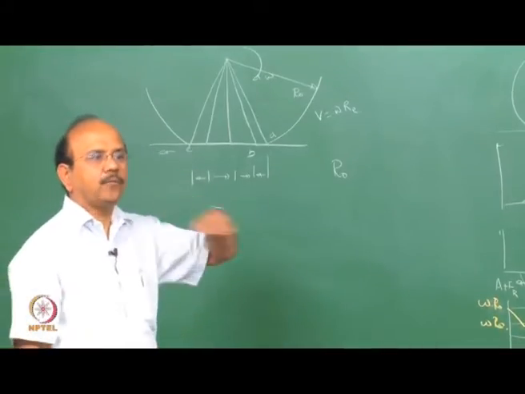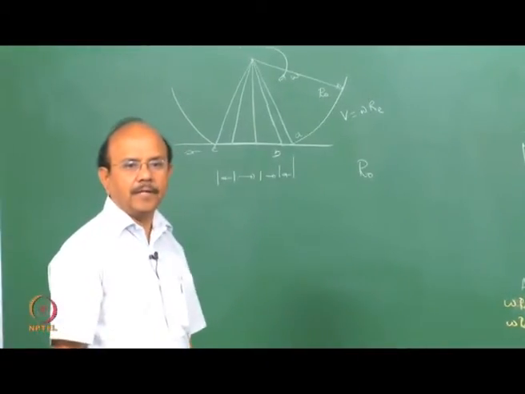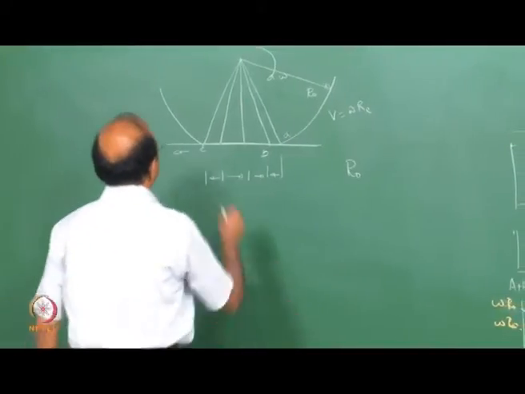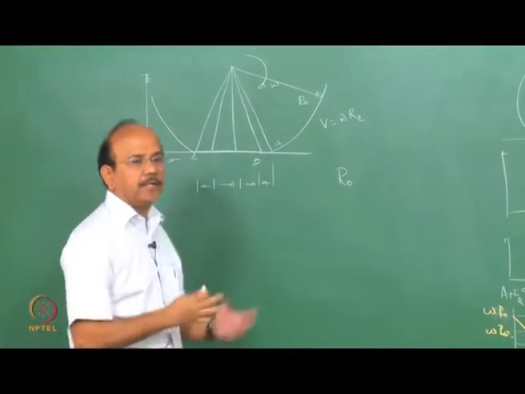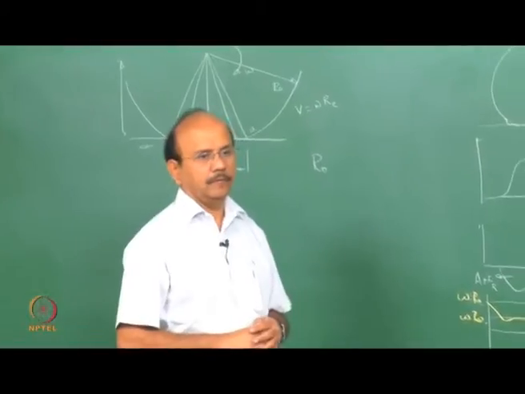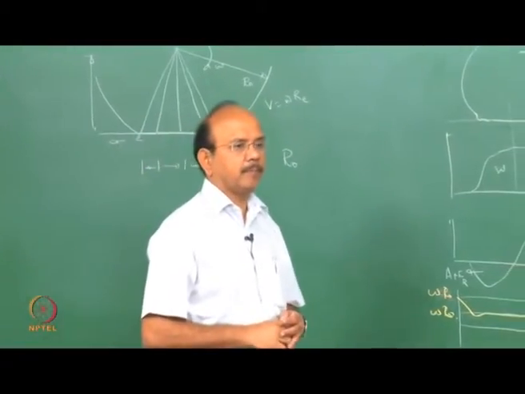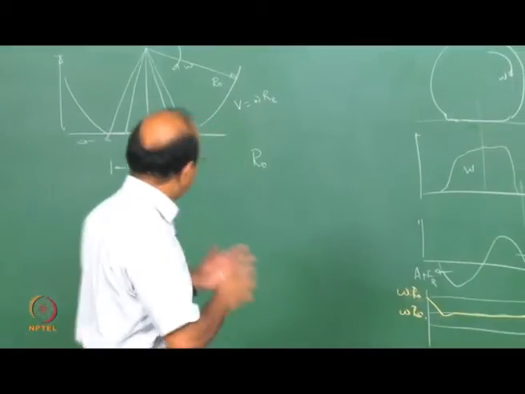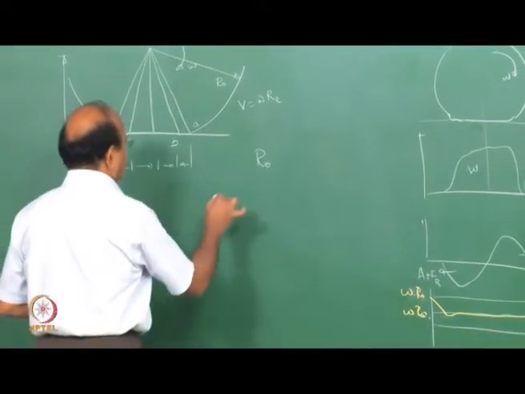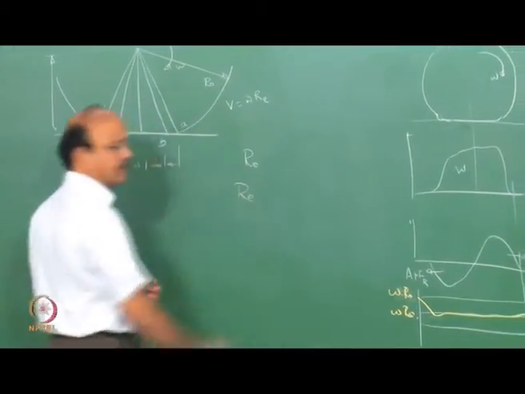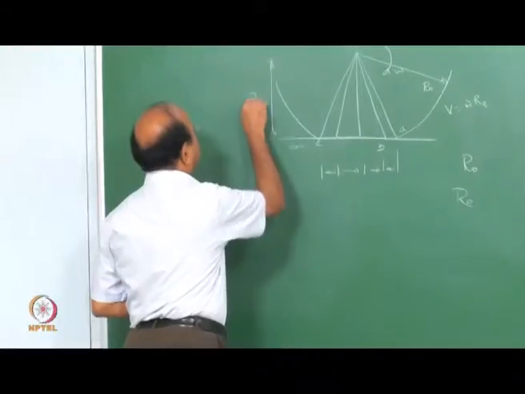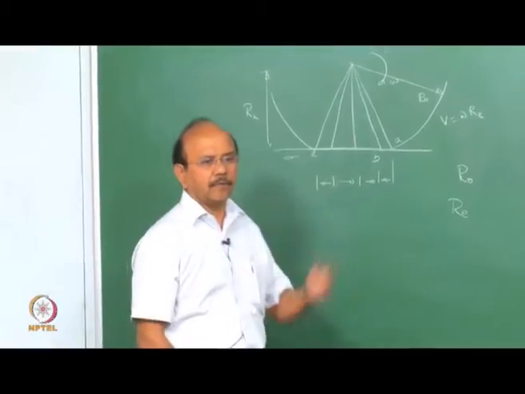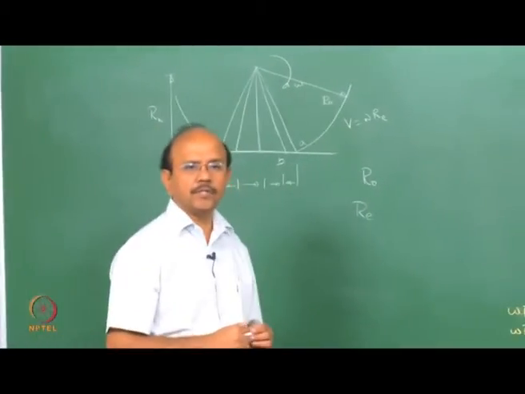We also said that when the tire enters the contact patch, it has a reduced radius, which we called RH.